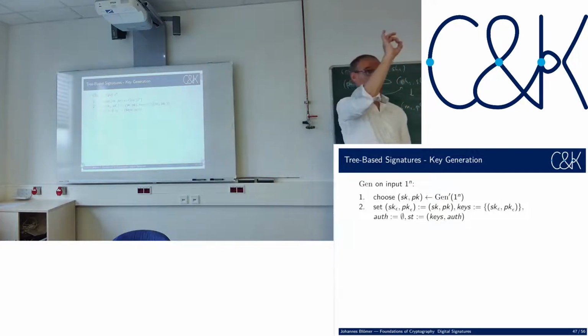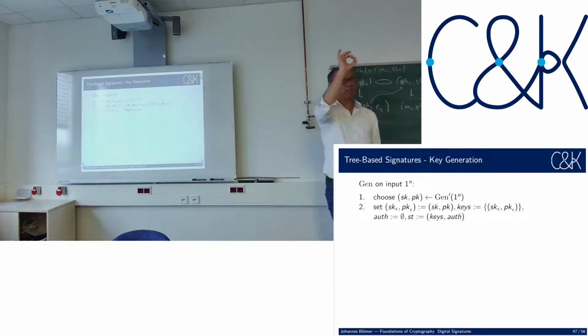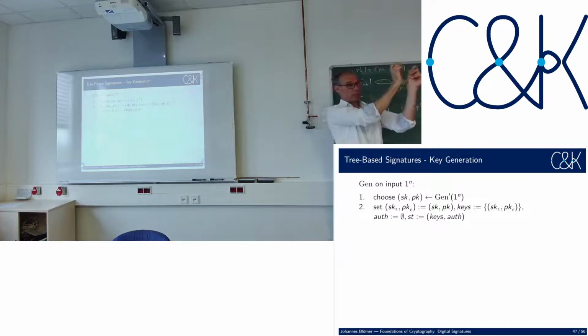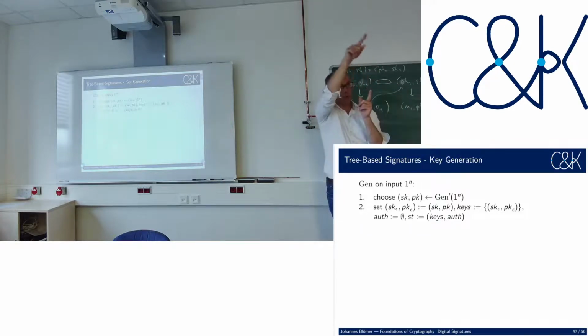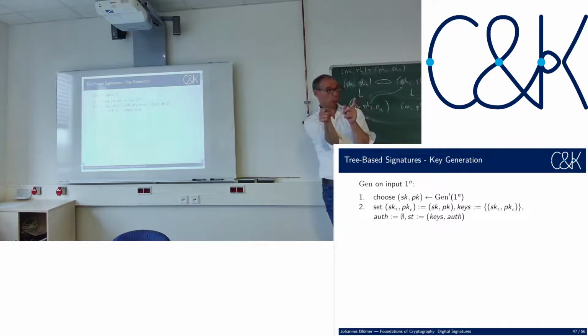The root has the empty string as an index. The left and right child are 0, 1. And then the left and right children of 0 are 0, 0 and 0, 1. The children of the right child are 1, 0 and 1, 1, and so on. So the indices tell you which path to go in the tree to end up in that node.